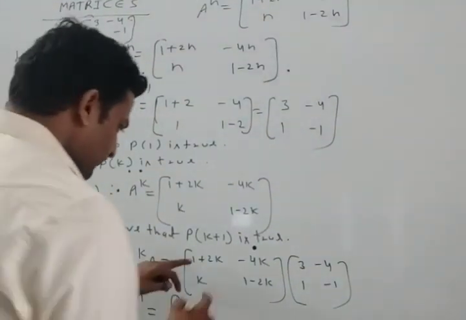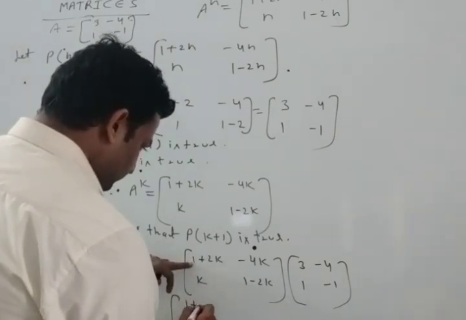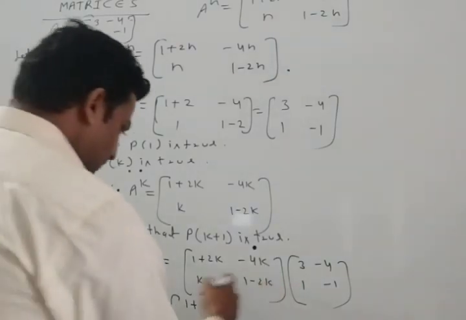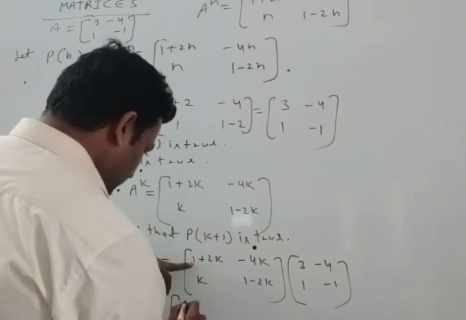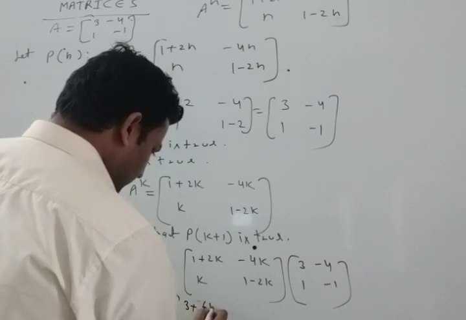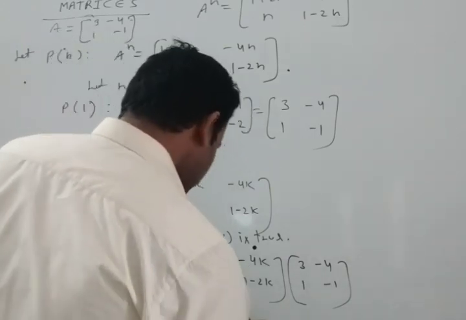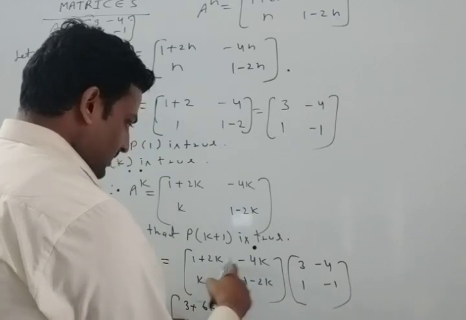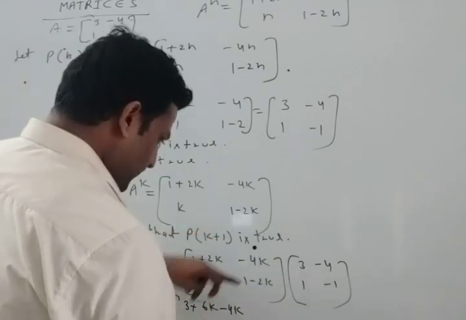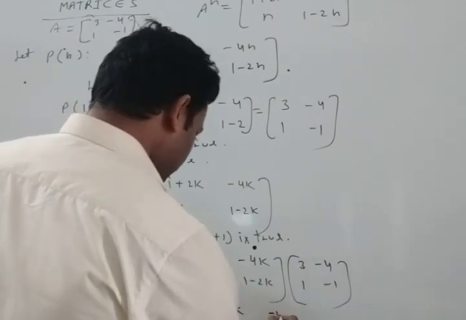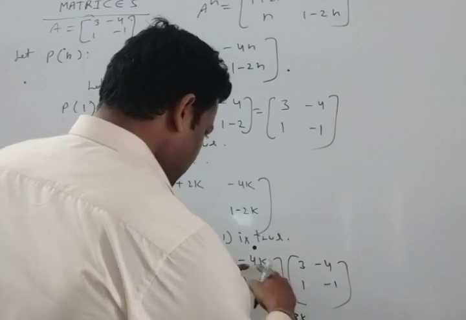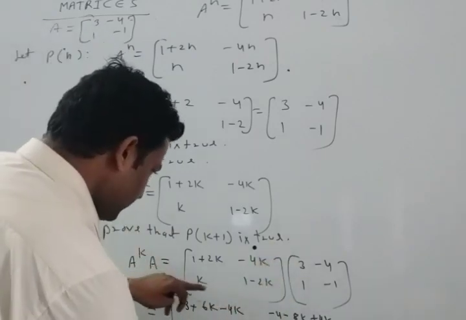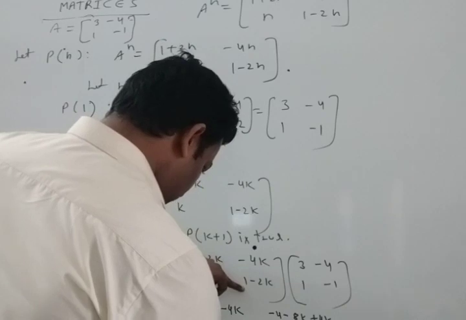Okay, we get 1 plus 2k into 3, so 3 plus 6k, this is first row and first column, and the second term, minus 4k, and this minus 4 minus 8k, and minus minus plus 4k. Multiply this, 3k, and 1 minus 2k.